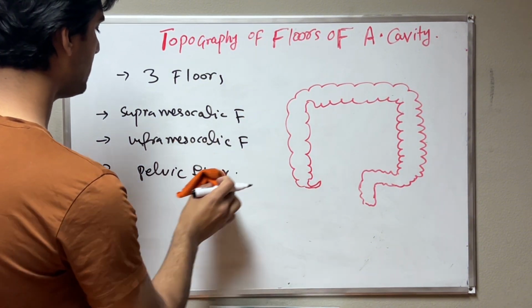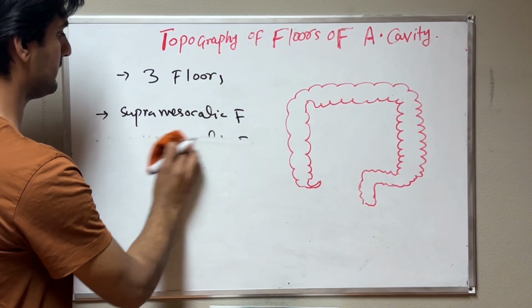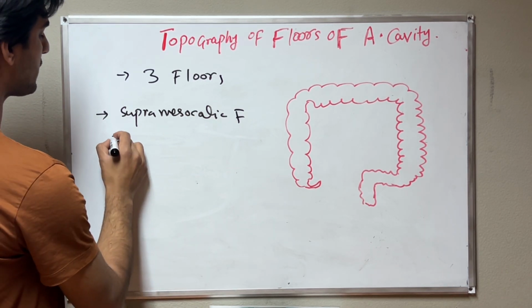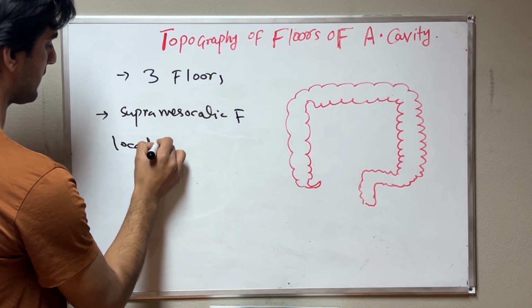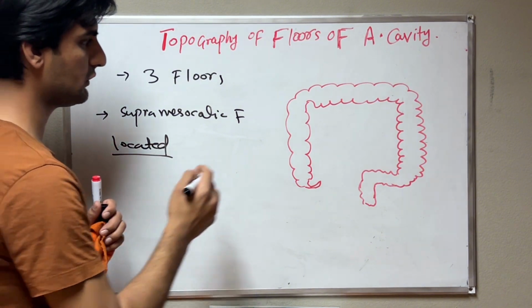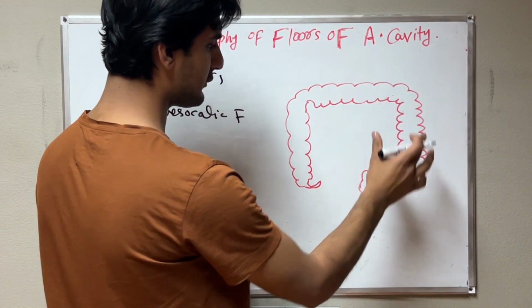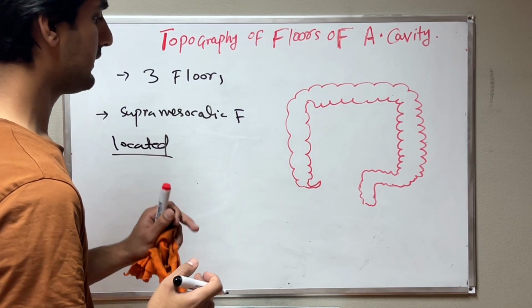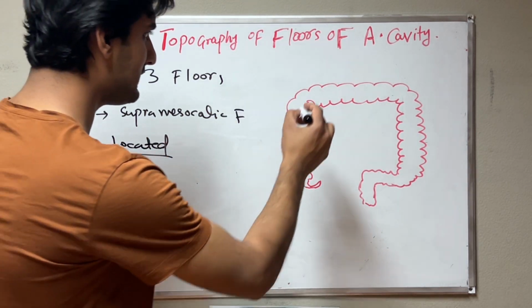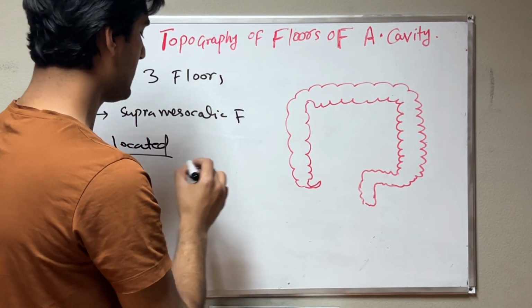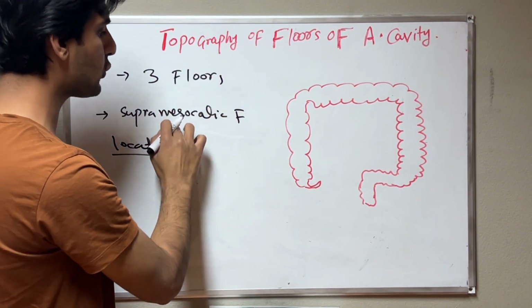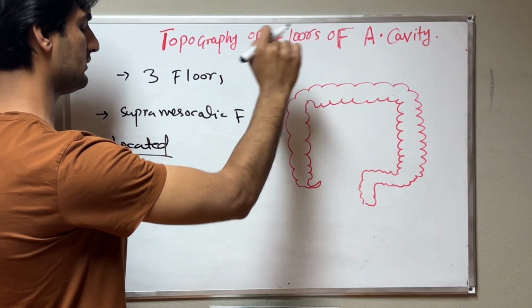First we will discuss the supramesocolic floor. Where is it located? You know, this is the transverse colon. For your memorization, I drew the large intestine. Supra means upward, and mesocolic means about the mesocolon.